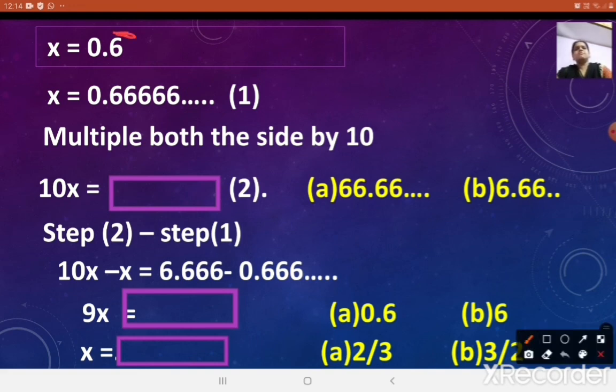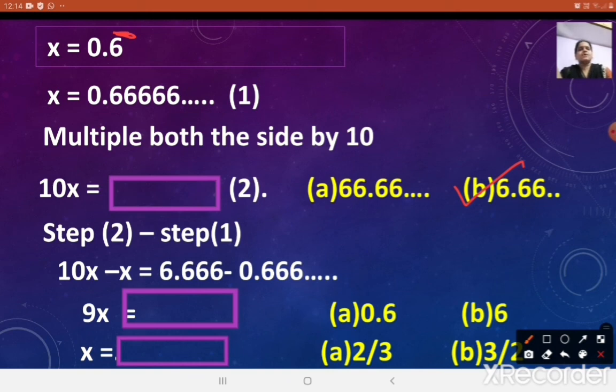As the bar is given to one digit, we'll multiply both sides by 10. If you multiply the first step by 10, what will you get? 0.666 multiplied by 10. Is it 66.666 or 6.666? Yes, your answer will be 6.666 and so on.